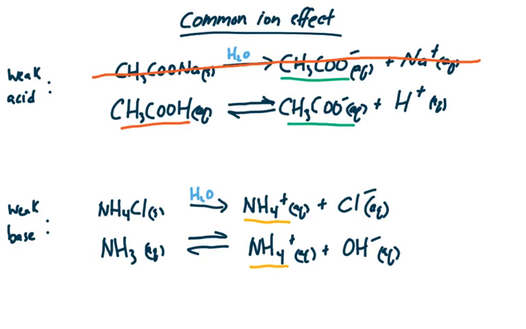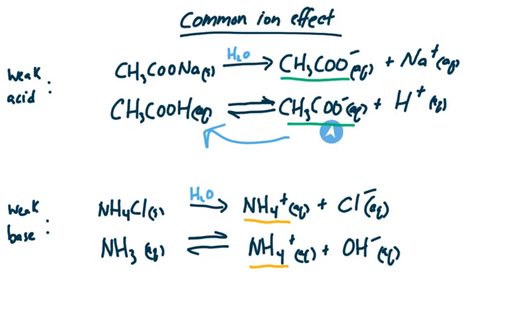But because this solution also has a second solute added to it, sodium acetate, and this solute is a strong electrolyte, which means that it will dissociate completely, 100%, into acetate ion and sodium metal ion, this acetate ion will cause this reaction to shift more to the left, because the concentration of acetate is now increased in solution.